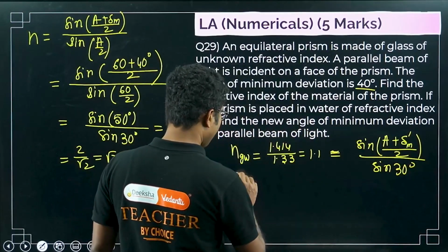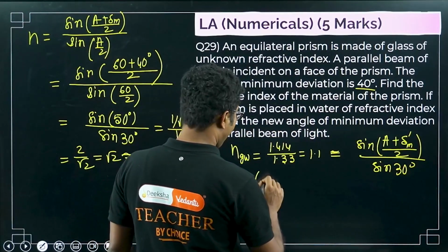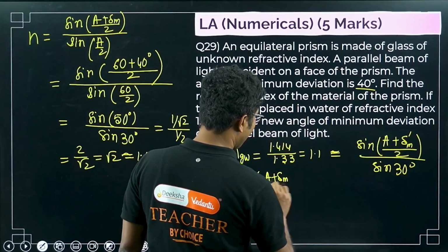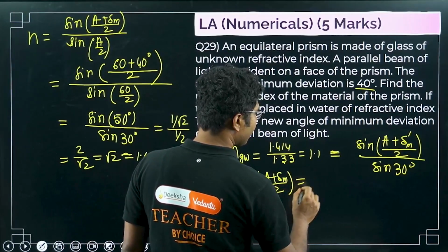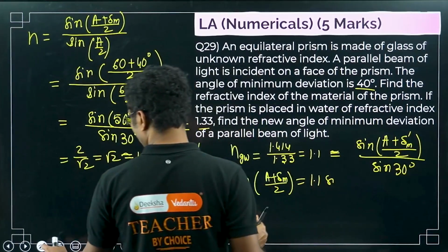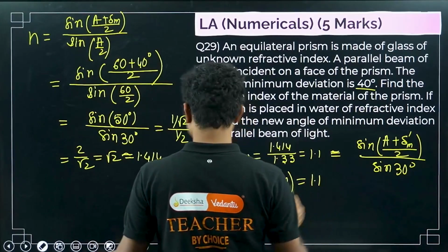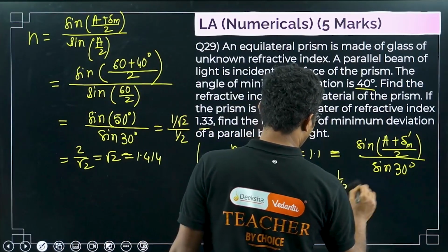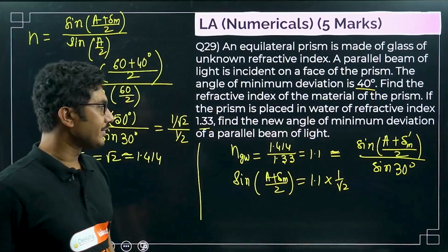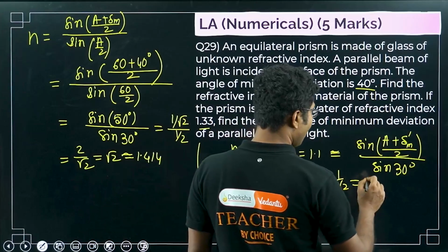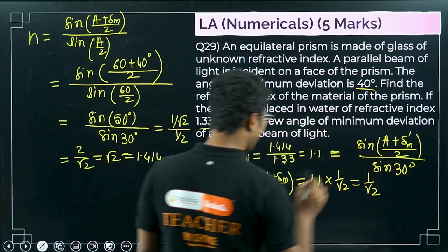So sine of (A plus delta m) by 2 equals 1.1 times sine 30, which is 1 by root 2. So it will be 1 by root 2. Assuming they are very close to each other, we can say that this is exactly equal to 1 by root 2. This is again an approximation.